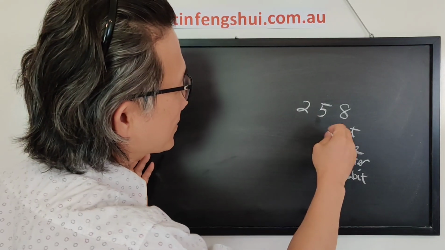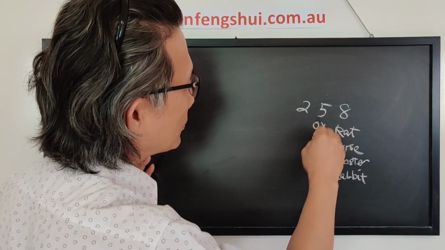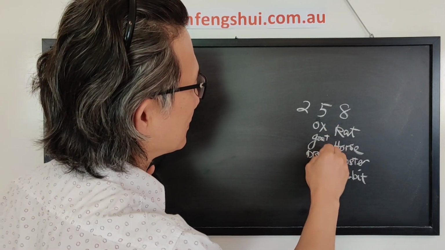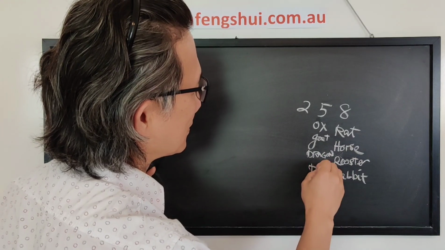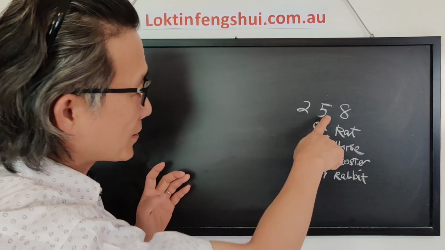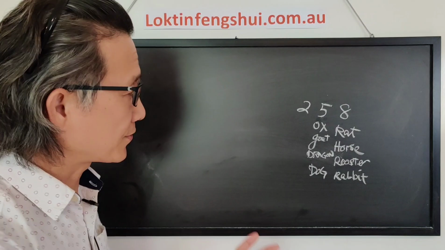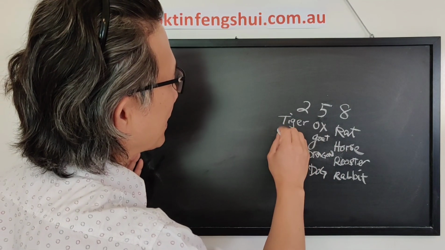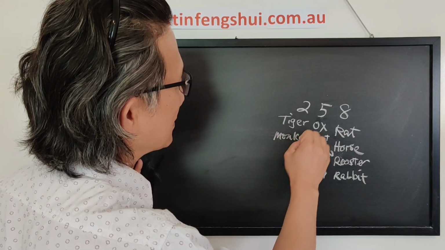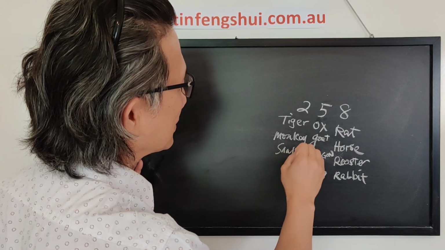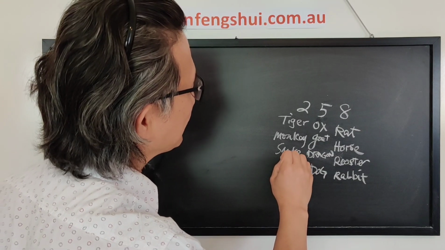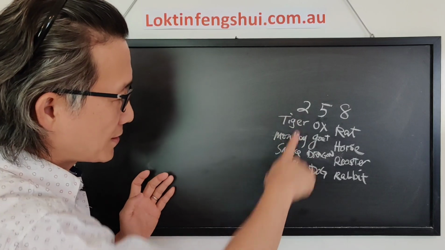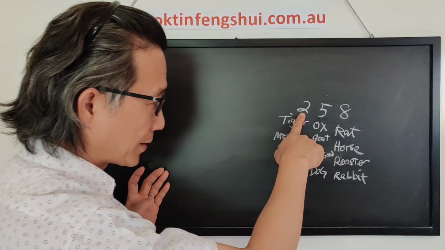The 5 years are the ox, the goat, the dragon, and the dog. In those years, the first month starts with 5. And in the tiger, monkey, snake, and pig years, the first month starts with 2.